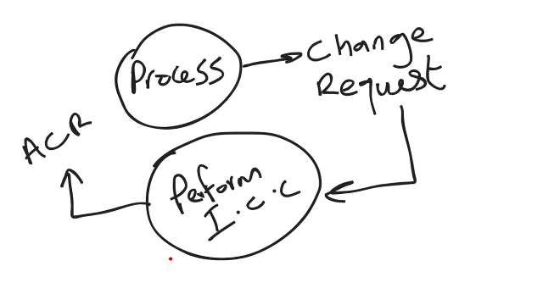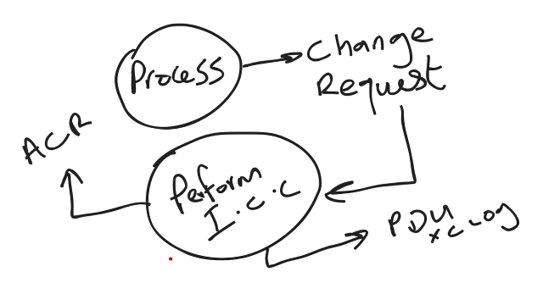If the change request is not approved, then subliminally it goes into your change log, which is an output of perform integrated change control, but we see it more as project documents updates, and within that we know we've got our change log. Okay, so that's pretty much the framework for change requests as a whole.